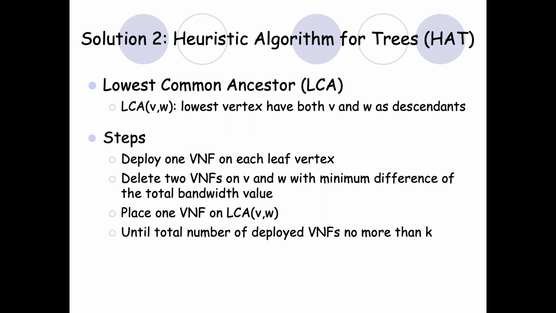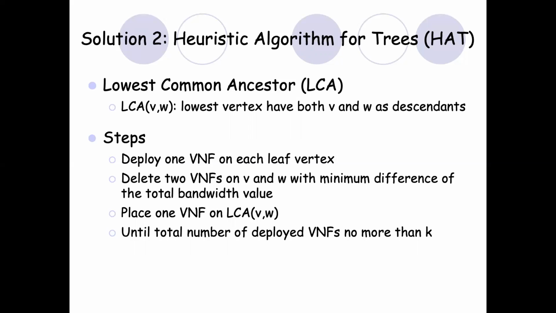And we then propose one efficient greedy solution, which is called the lowest common ancestor heuristic algorithm for trees. We define the lowest common ancestor first, which is the lowest vertex that has both vertices V and W as its descendants.